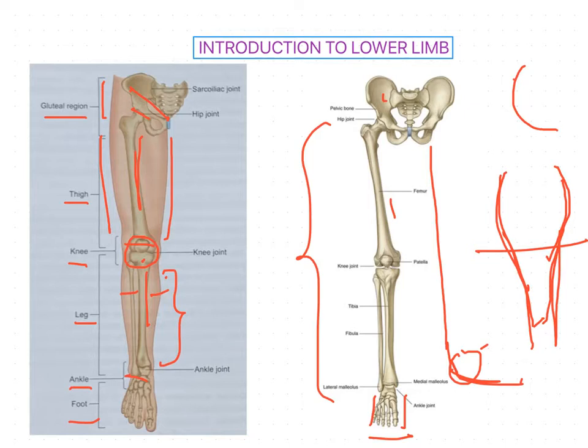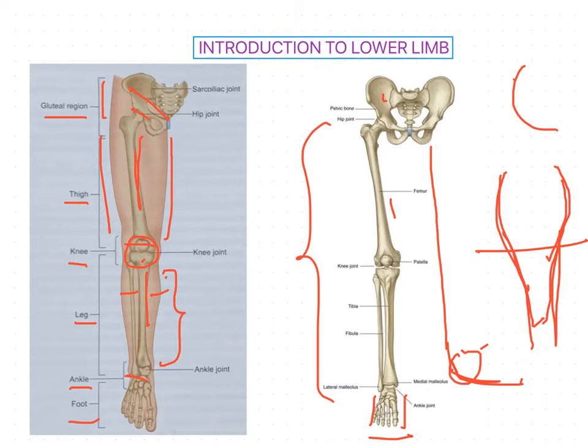Now we are going to study this lower limb also based upon these regions only. So first we are going to finish off the gluteal region, thigh, knee, leg, ankle and foot. Before going to regions, we are going to complete the osteology of the lower limb. That means we are going to study the osteology part of all the bones.